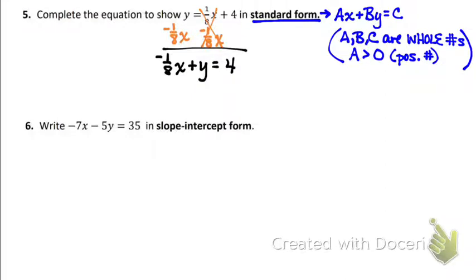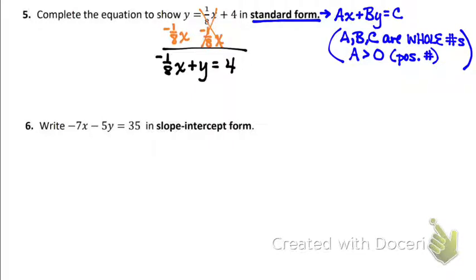Are x and y on the same side? Yes. Are all the numbers whole numbers? No. What's on the bottom of any of the fractions I have? 8. I only have one fraction and it's only an 8.